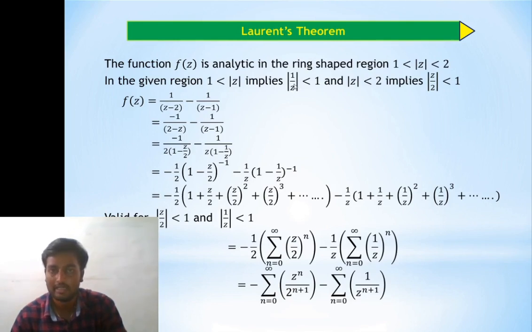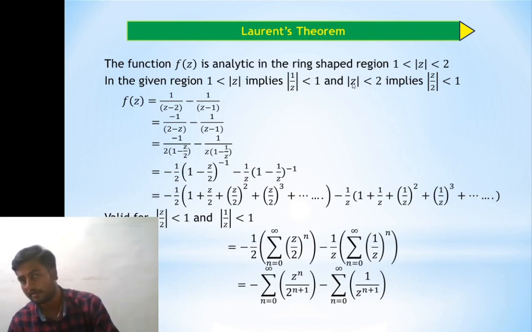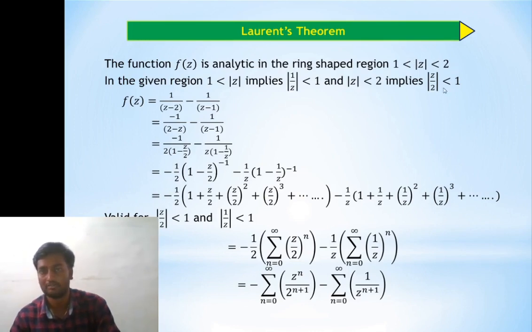So in the series expansion of f of z you take z as a common factor, giving 1 by z. Then mod z less than 2 means mod z by 2 is less than 1. So the expansion exists when mod 1 by z is less than 1 and when mod z by 2 is less than 1.